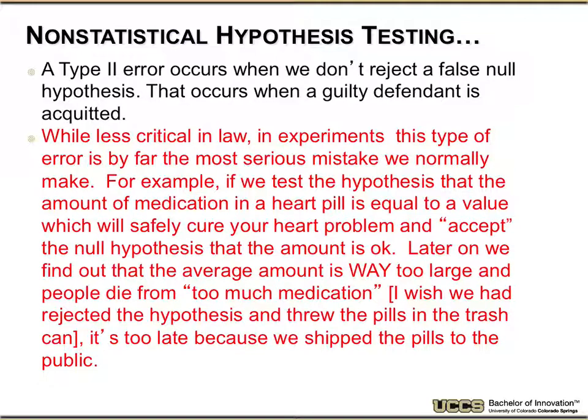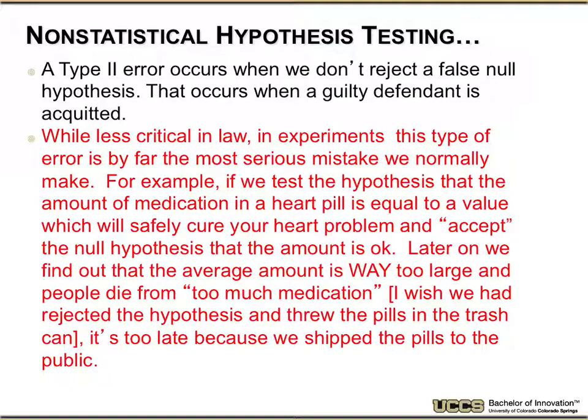The second error is we don't reject the null. We don't reject a false null hypothesis. Okay, that is the person's guilty and we let them go. Okay, and this is common. This is actually the more common error, and the way the American jurisprudence system is designed, it's the way we would prefer to make errors.